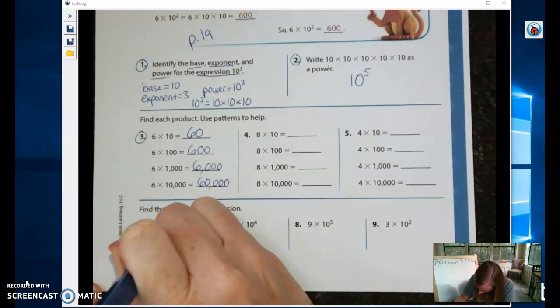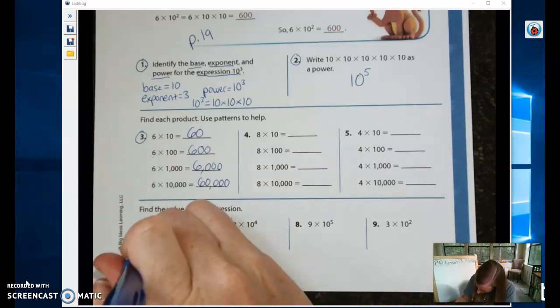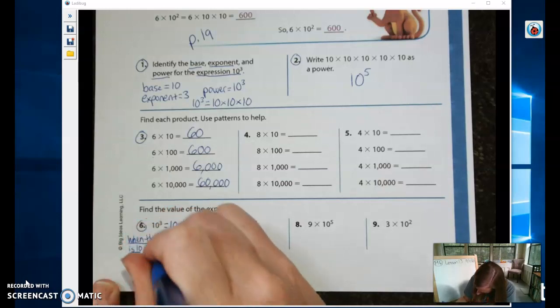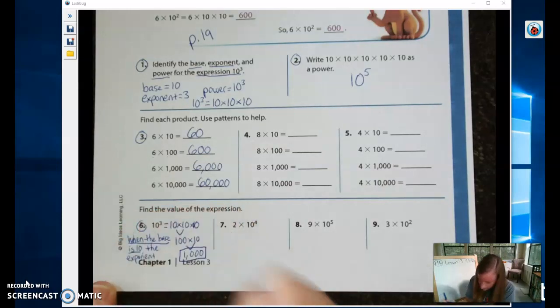we're going to underline that. When the base is 10, the exponent tells how many zeros.